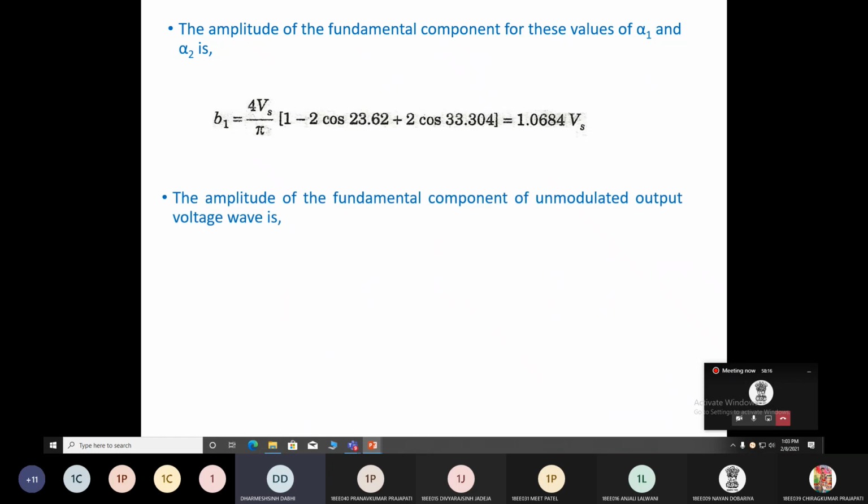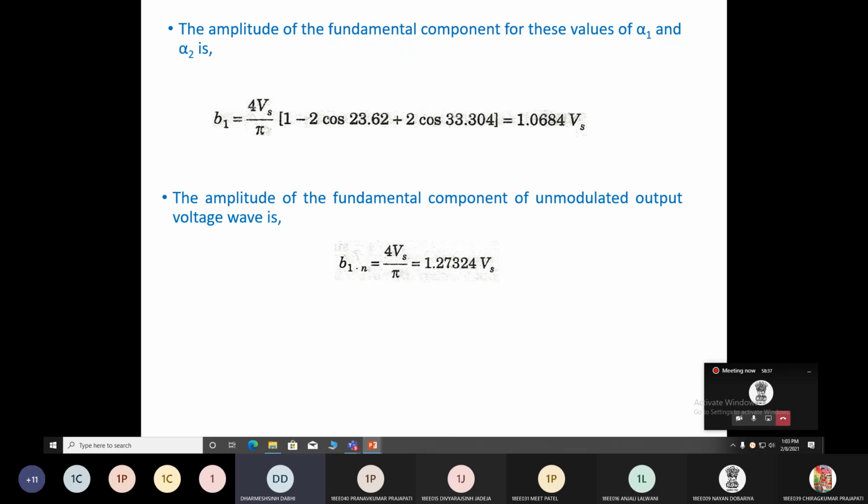Compare this with the amplitude of the fundamental component for unmodulated output voltage. Unmodulated output voltage means the square wave inverter that we discussed in the first lecture of this inverter, where you get 4 Vs by pi for a square bridge inverter.